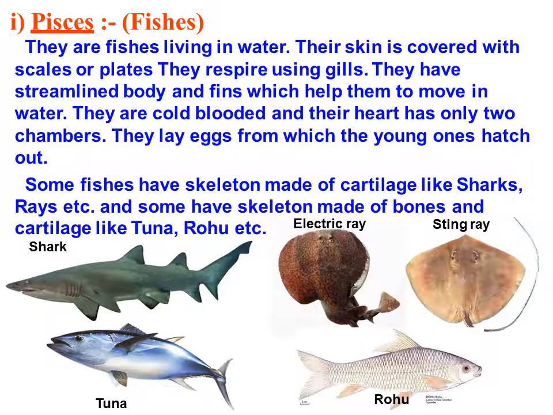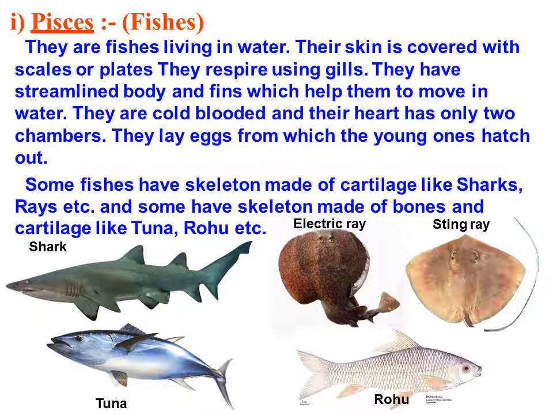Pisces or fishes. So as we all know, fishes mostly live in water. A few basic features we know, that they have fins, they have scales, but we have other differentiation also. So they are fishes living in water.